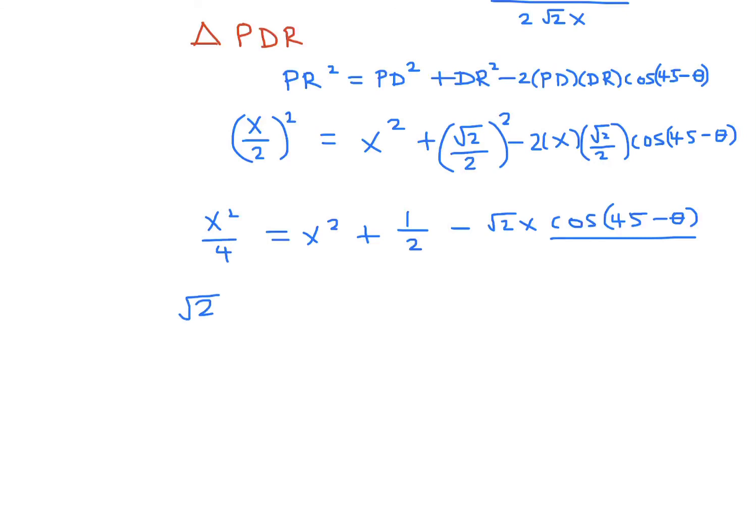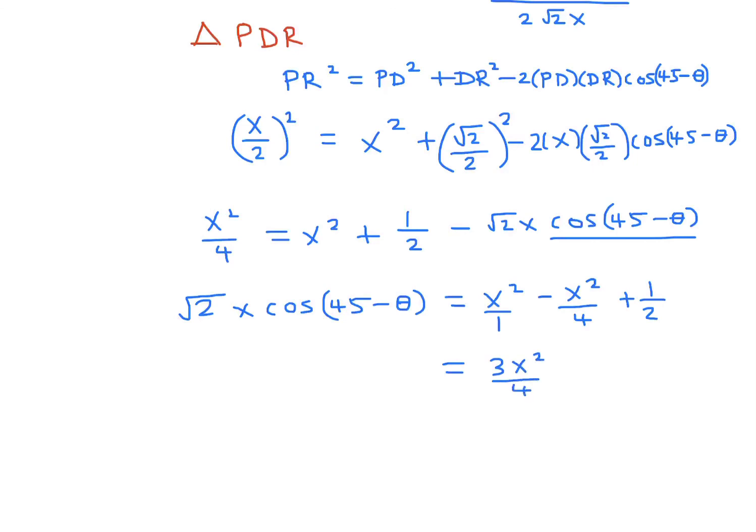So bring that over to the other side, root 2x cos 45 minus theta is equal to x squared minus x squared over 4 plus a half. And this looks like common denominator 4 and 4. So 3x squared over 4 plus a half.